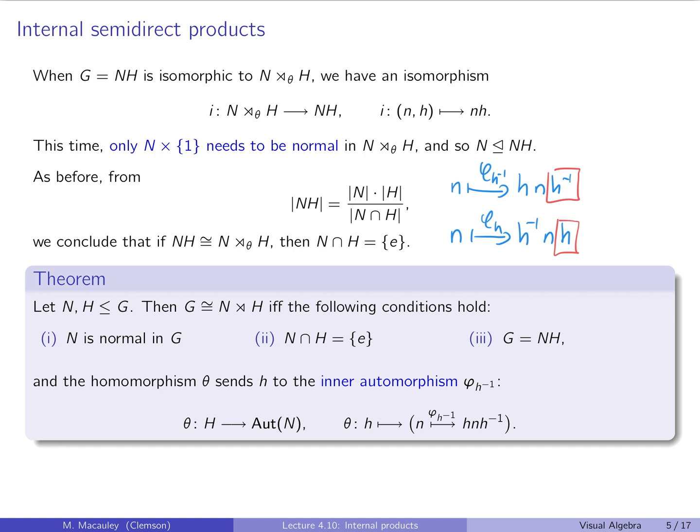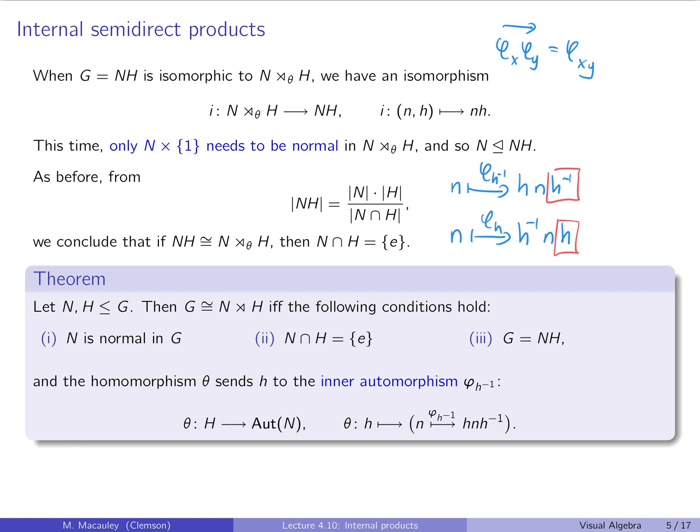And remember why that was. That's because using this convention, phi of x times phi of y, if we read from left to right, equals phi of xy.